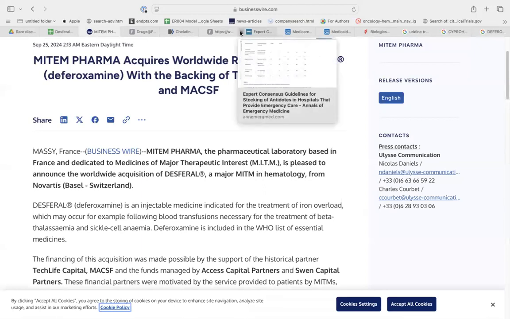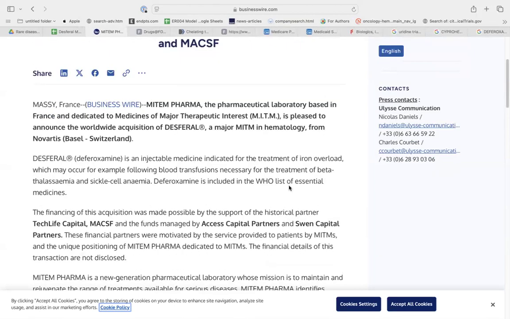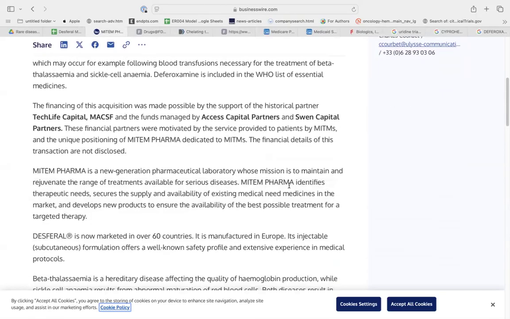And I like these acquisitions because if there's actually a price on the acquisition, that helps me understand what the drug is worth.